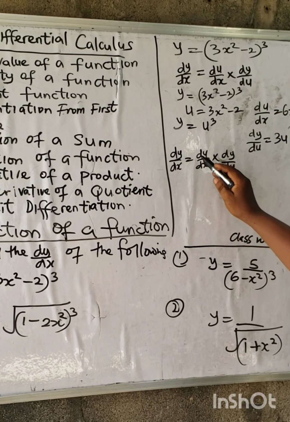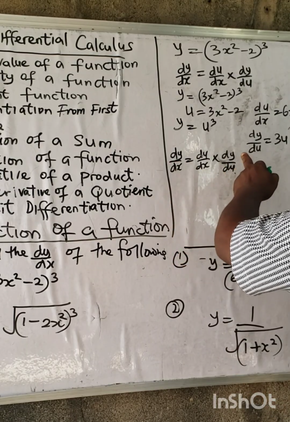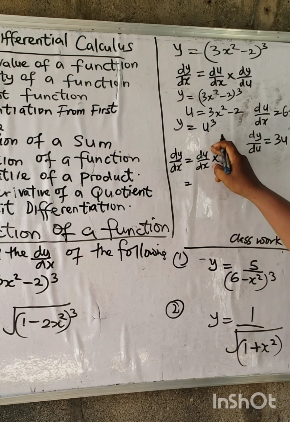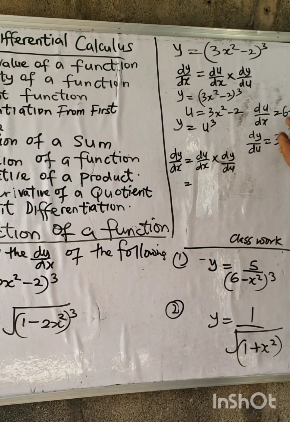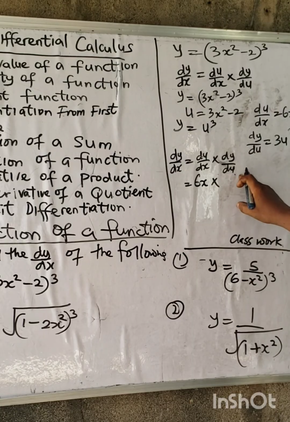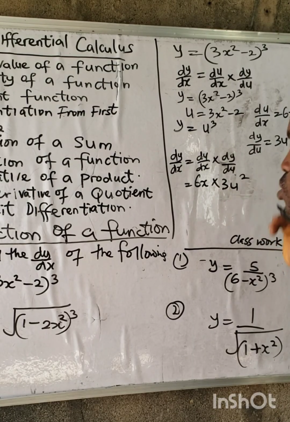If you look at it now, we cancel this. Therefore, dy/ds is equivalent to du/ds times dy/du. du/ds is 6s multiplied by dy/du, which is 3u squared.